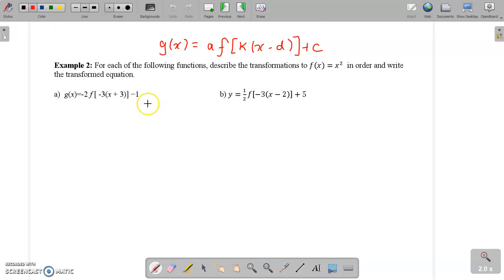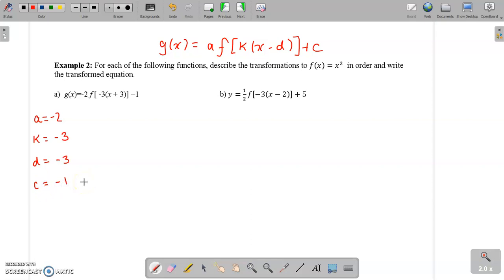If I compare it to the original function, we see our a value is negative 2. Our k value is negative 3. Our d value, since this is positive, that means our d value is negative 3. And then our c value is negative 1.